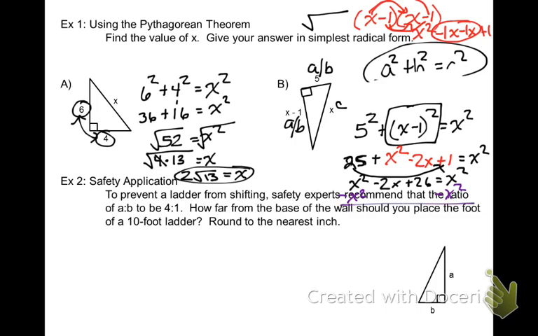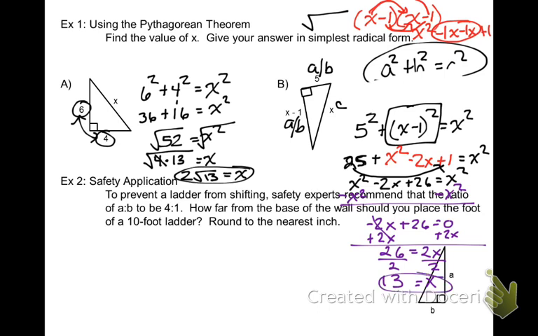Now it's going to be negative 2x plus 26 equals 0. Now you can either bring the 2x over to the other side or bring the 26. It doesn't matter. I'm going to add 2x to both sides. Let's make it a positive. So it's 26 equals 2x. Divide by 2. x equals 13. That's for B on this one, right over here.